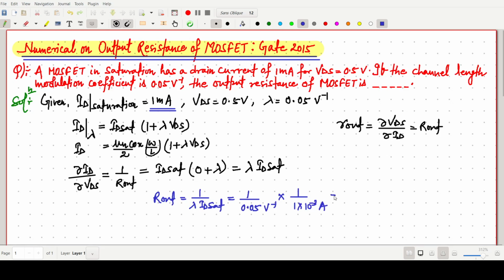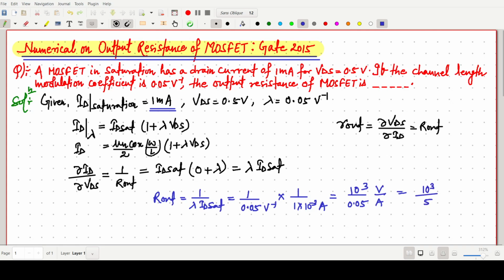So we can write this as 10 to the power 3 by 0.05 volt by ampere, and volt by ampere is nothing but ohm.